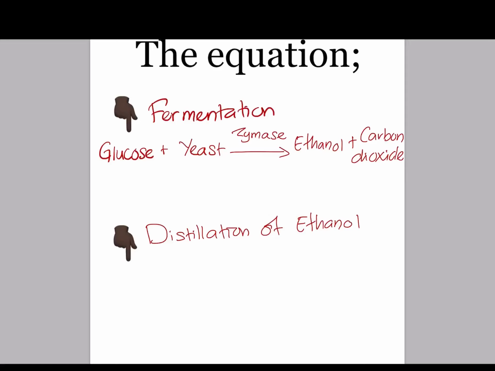So now we have the alcohol with the yeast inside. Now we want to remove the impurities and get the pure alcohol only. So we take the impure alcohol, or the impure ethanol, and then we heat it up and we get the pure ethanol.